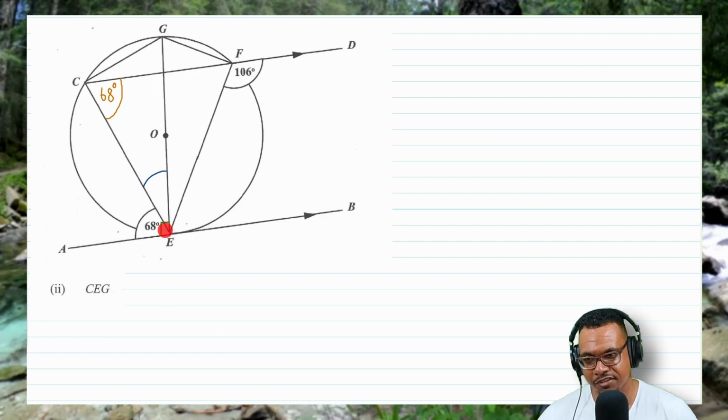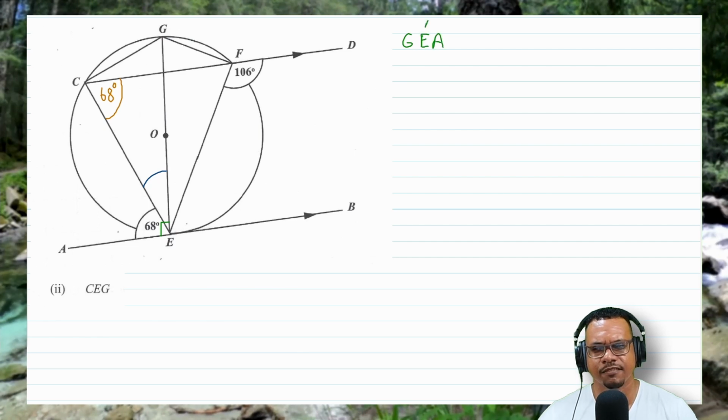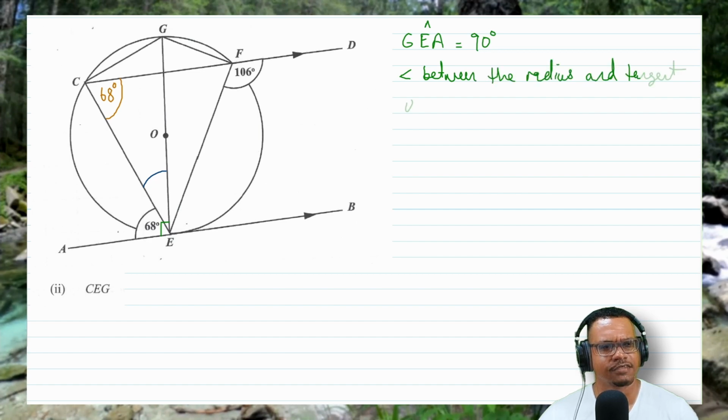But first, I'll have to write my reason for this. And this is angle GEA. So I'll say angle GEA is equal to 90 degrees. And that's because the angle between the radius and the tangent is a right angle.